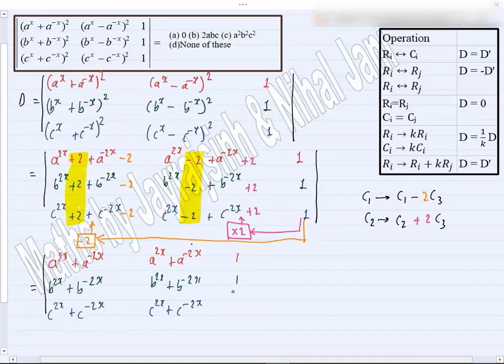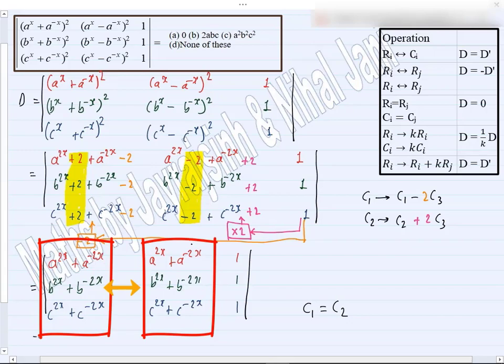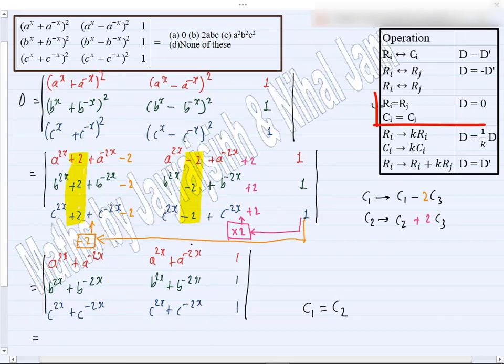Third column will be as it is, but you can notice that our first column is the same as the second column. So we can say, using the third property, our value of determinant is 0. Tada! Option A is your final answer.